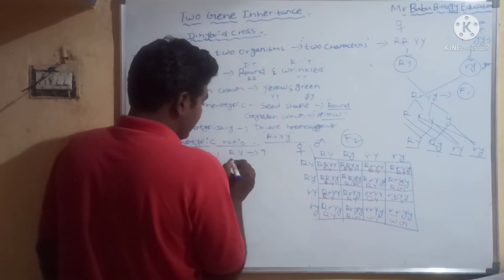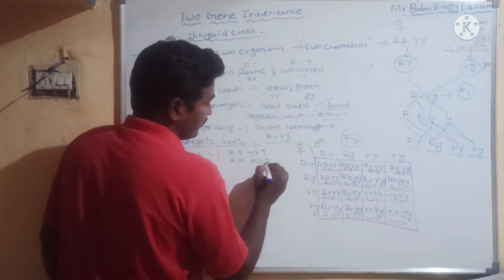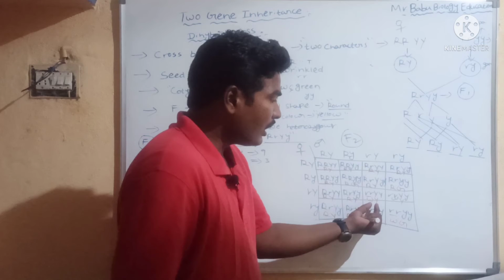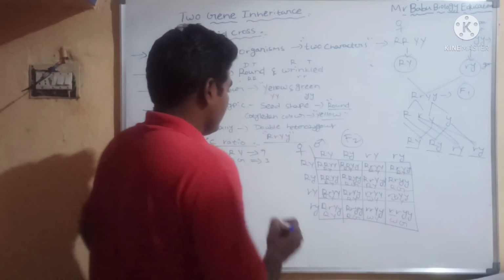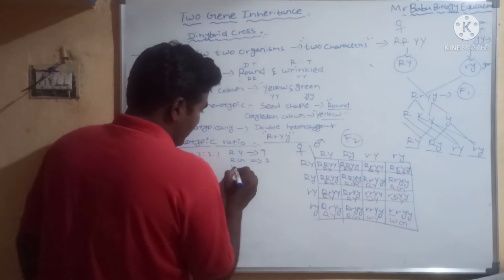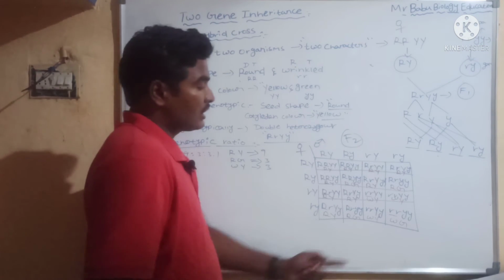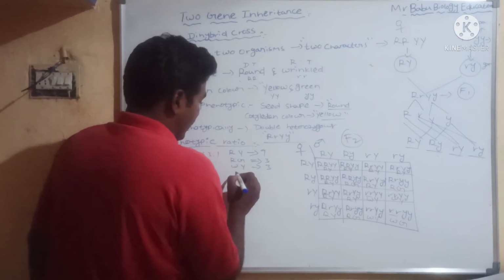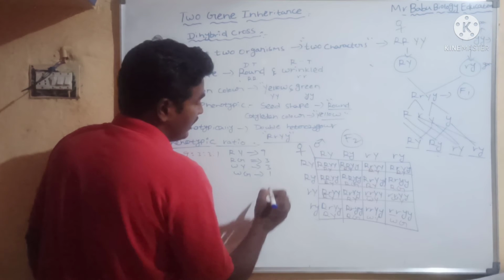Total round green 3. Now wrinkled yellow, 1, 2 and 3. So wrinkled yellow is 3. Now last one, wrinkled green. So 1.